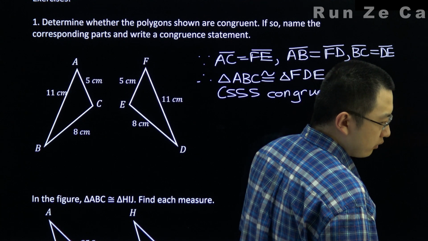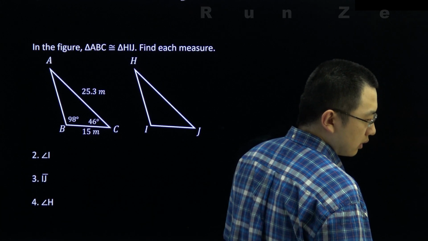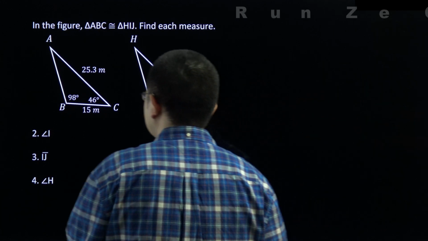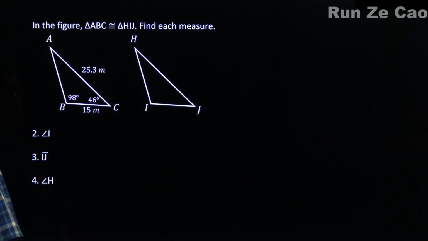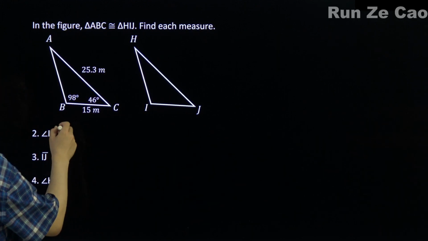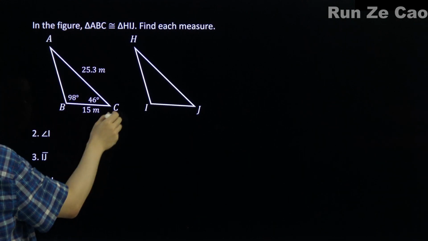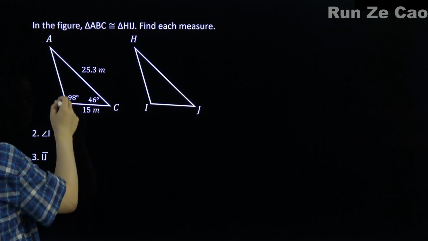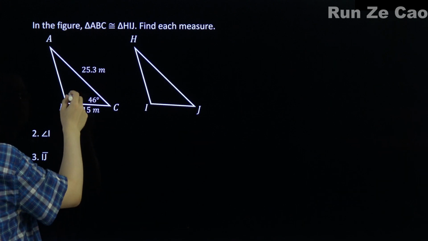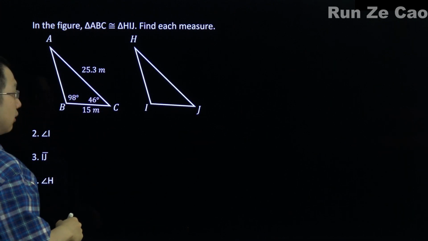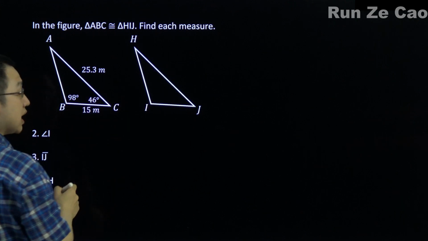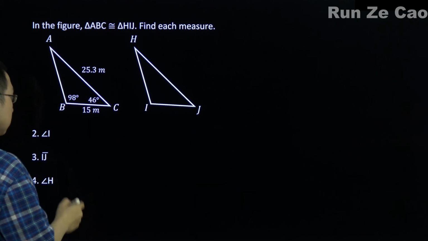Okay, let's say we have two triangles we know are congruent. Find each measure. Angle I. Well, our opening statement would be: because these are congruent and angle B is equal to 98 degrees, therefore angle I equals angle B equals 98 degrees because they correspond.